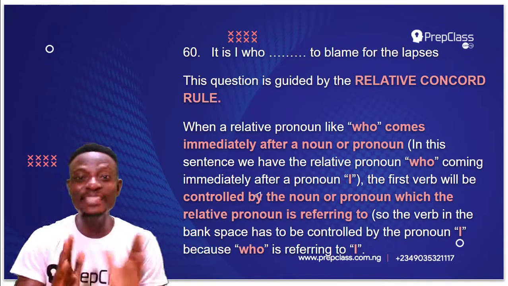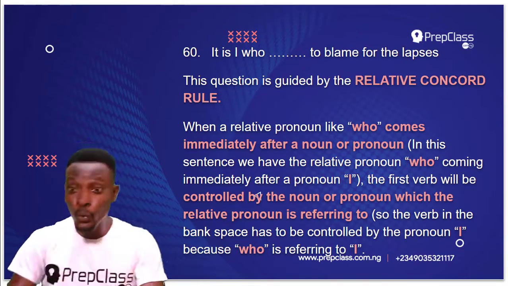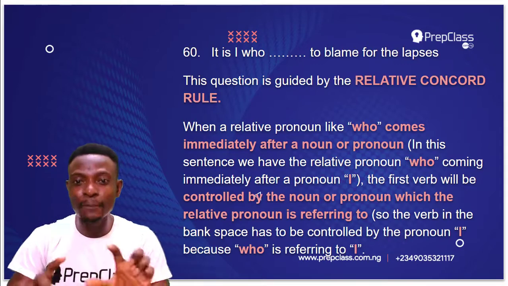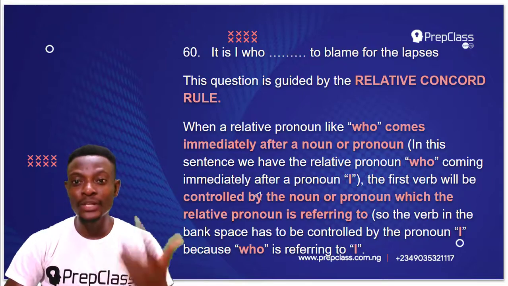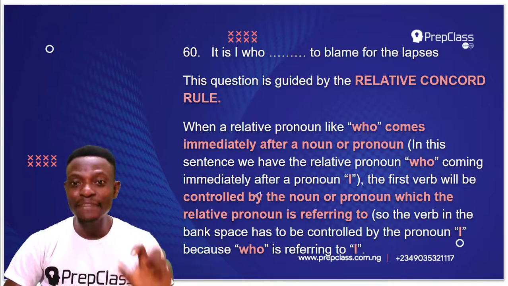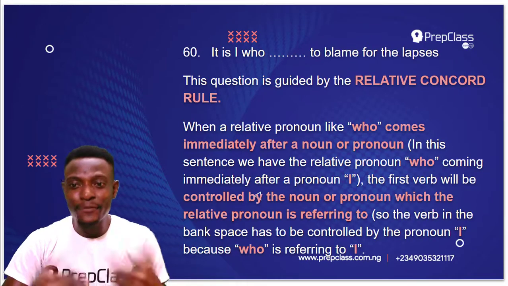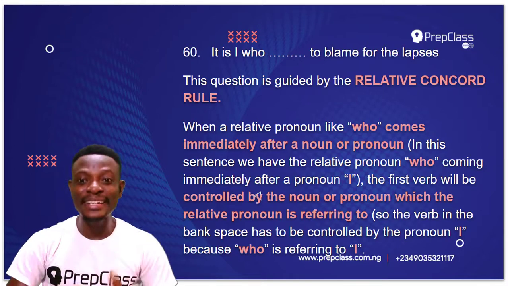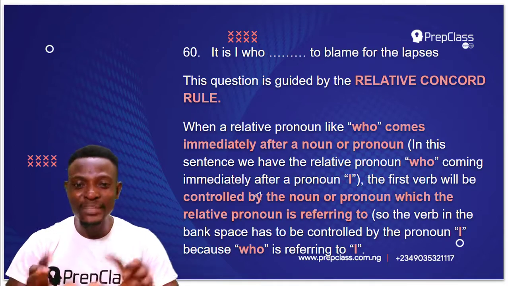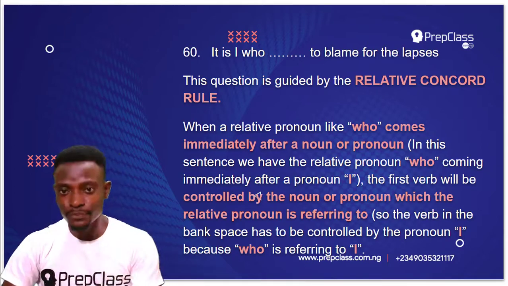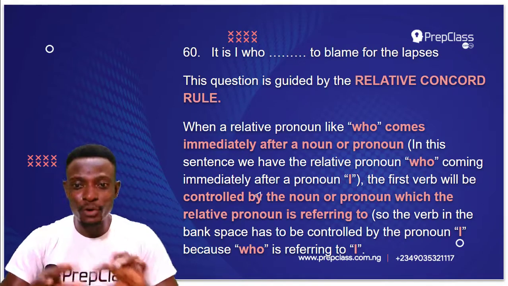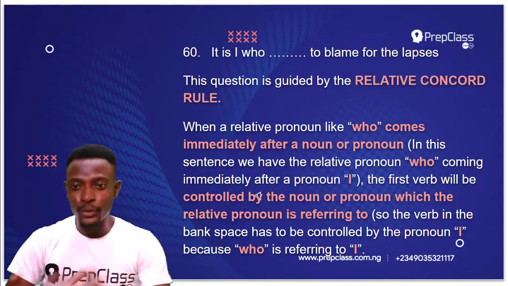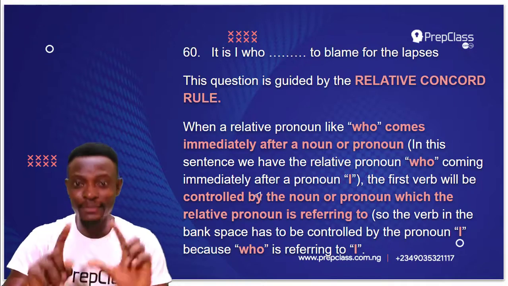Now, in this sentence, we have the relative pronoun who coming immediately after a pronoun I. So, when a relative pronoun like who comes immediately after a noun or pronoun, the first verb will be controlled by the noun or pronoun which the relative pronoun is referring to. So, what this simply means is that the verb will be controlled by the noun or pronoun that the relative pronoun who is referring to.